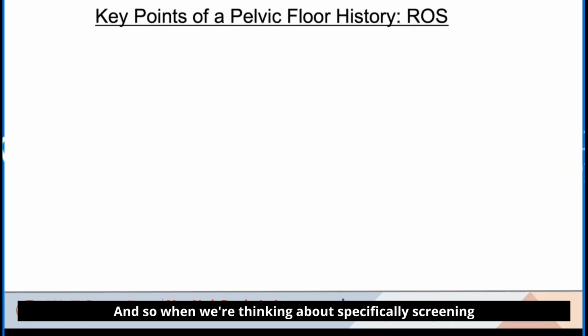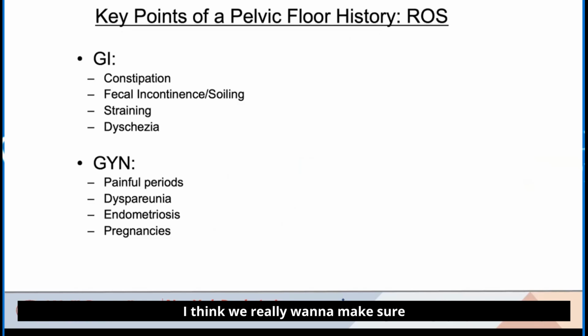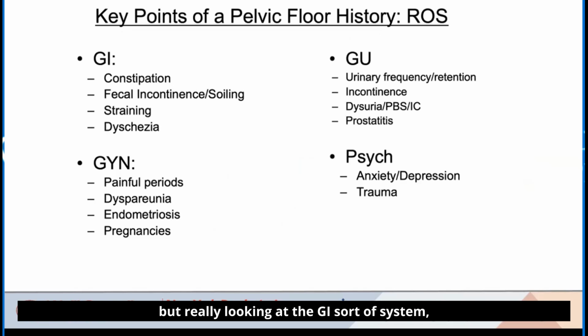When we're thinking specifically about screening and taking a history, we really want to make sure that we're asking the right types of questions. I'm not going to go over everything, but we're looking at the GI system, the gynecologic system, the GU system, as well as even things like anxiety, depression, or trauma to the area or trauma in general, which can present with pelvic floor symptoms.